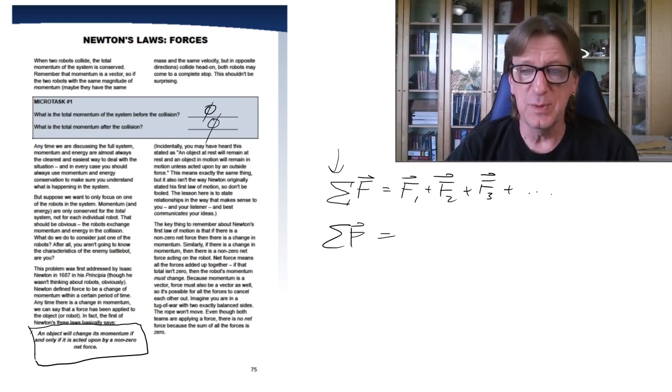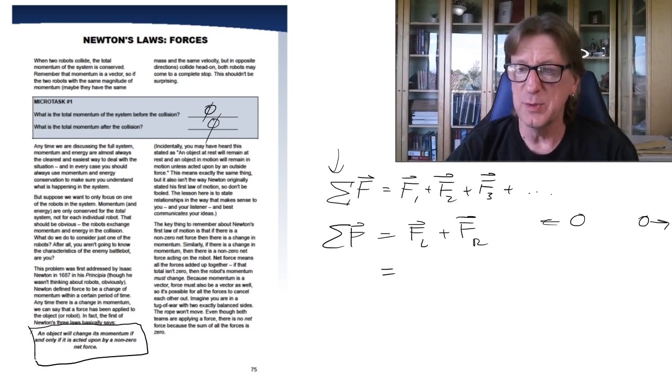So this would be, for example, the force of the team on the left plus the force of the team on the right. Now I'm going to write these vectors in terms of magnitudes. They're equal, but in the opposite direction. Here are our people, and we're looking down on them. One is pulling this way, and one is pulling this way.